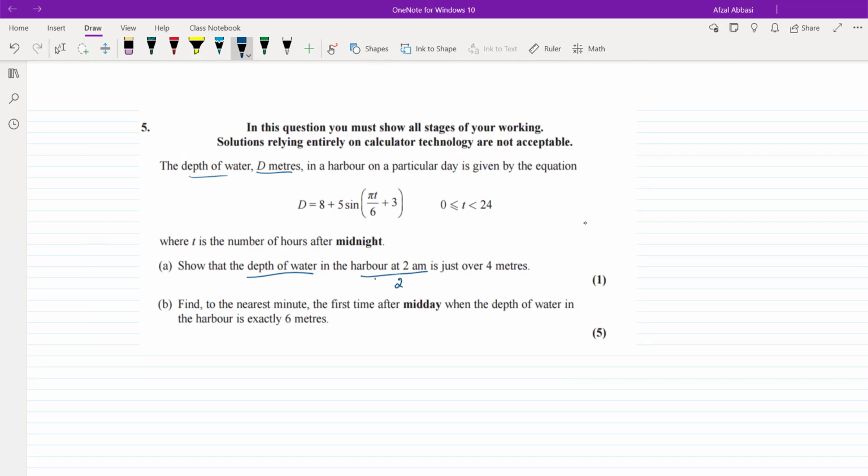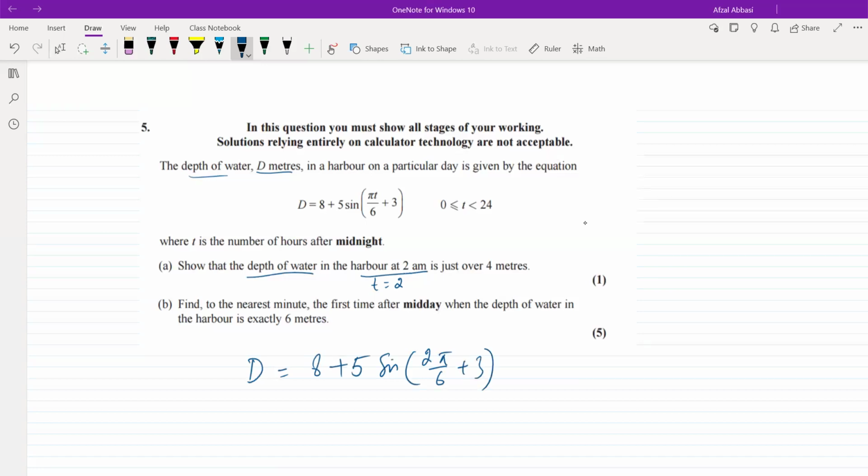So t is 2. In this formula, we substitute t equals 2 and we will get the value of D, the depth. So 8 plus 5 sine of 2 pi over 6 plus 3.